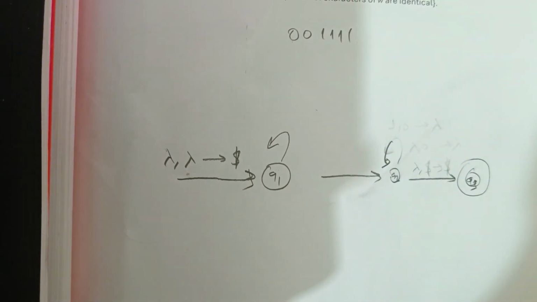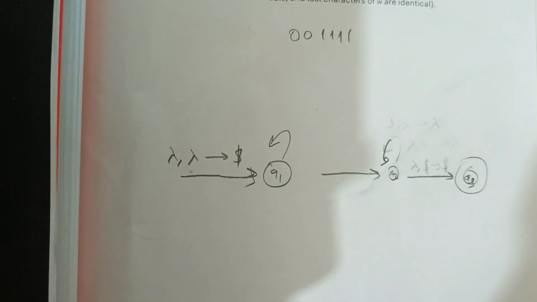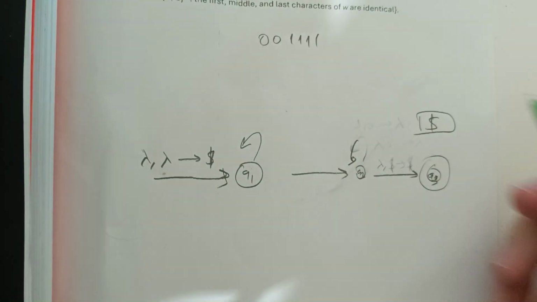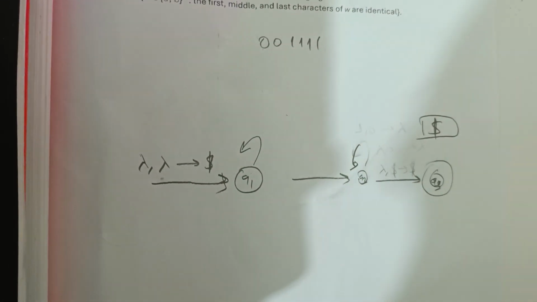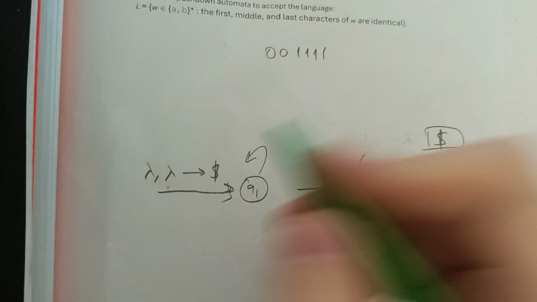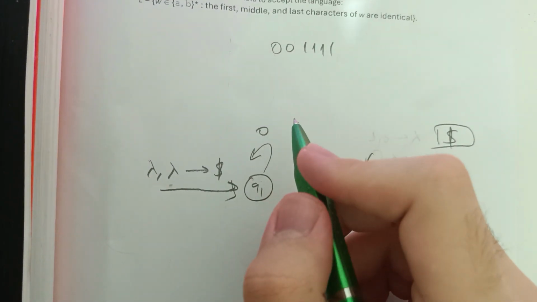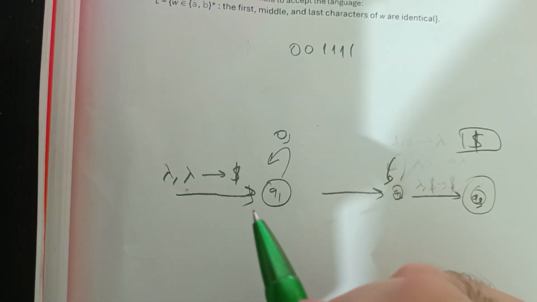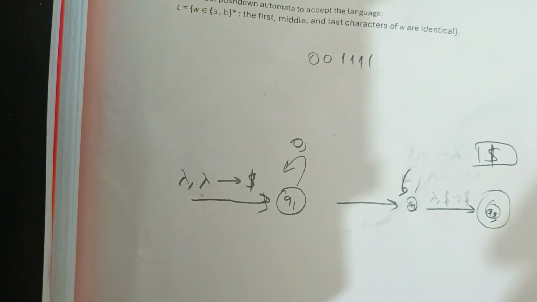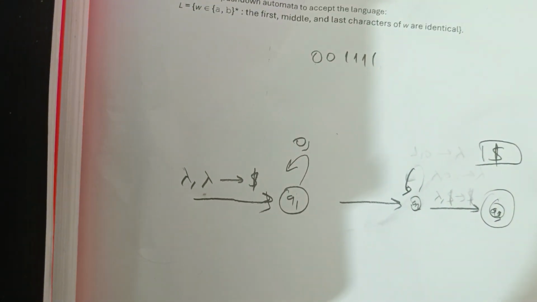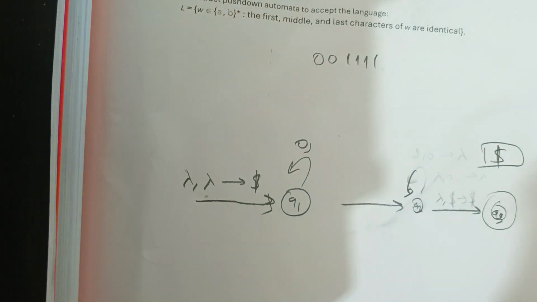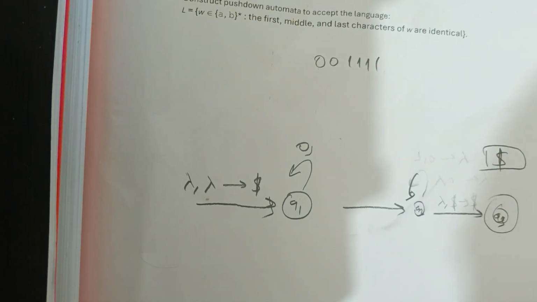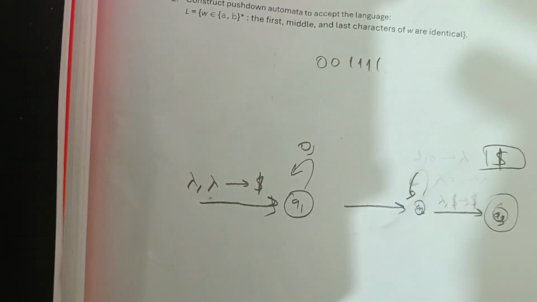We have 0 and 1, right? So when we read the 0, I'm thinking how can I say, it should push maybe 1, okay.